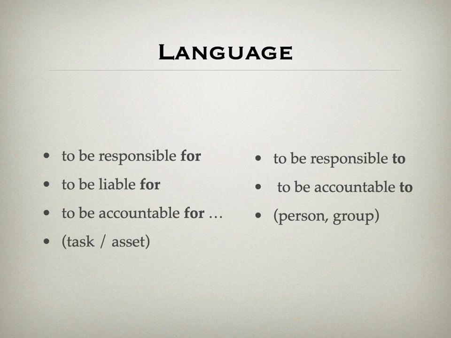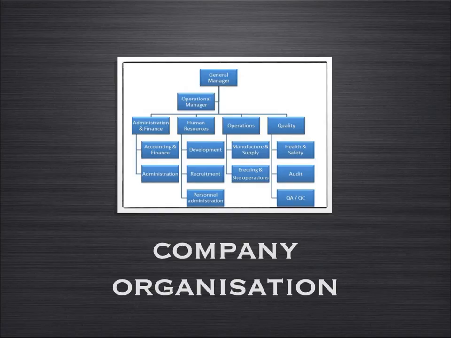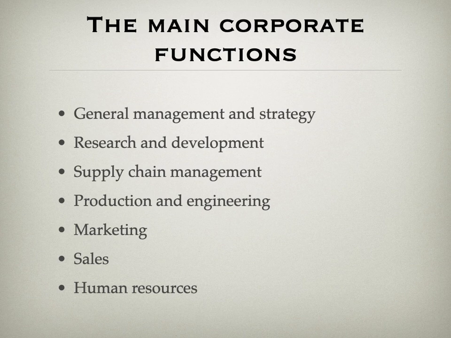Okay, so the next slide we're going to look at company organisation. This is fairly easy to understand, so we'll just start with thinking about organising a company via functions. All companies have functions. These are different activities within the company.